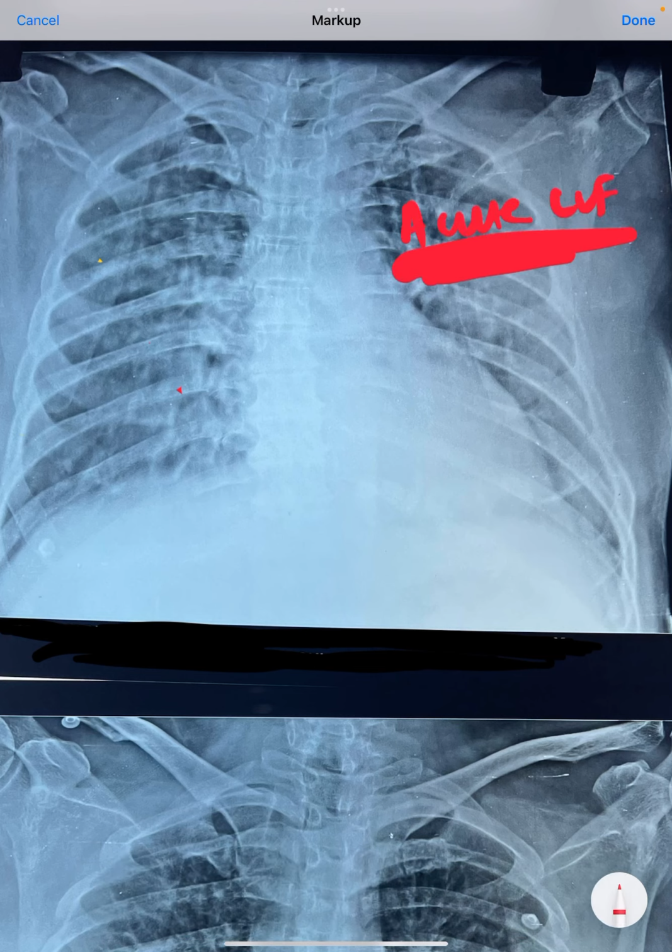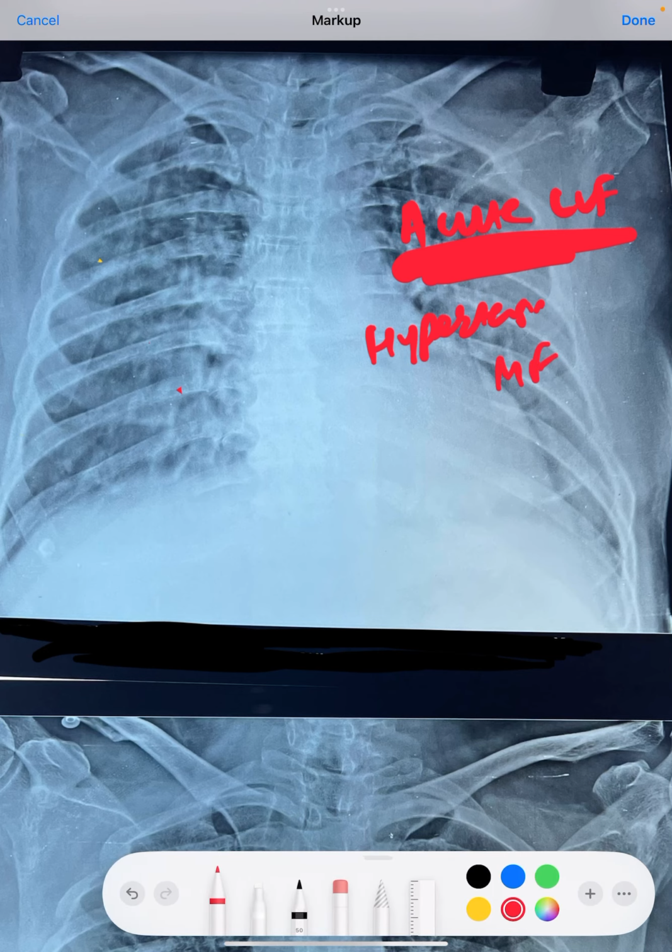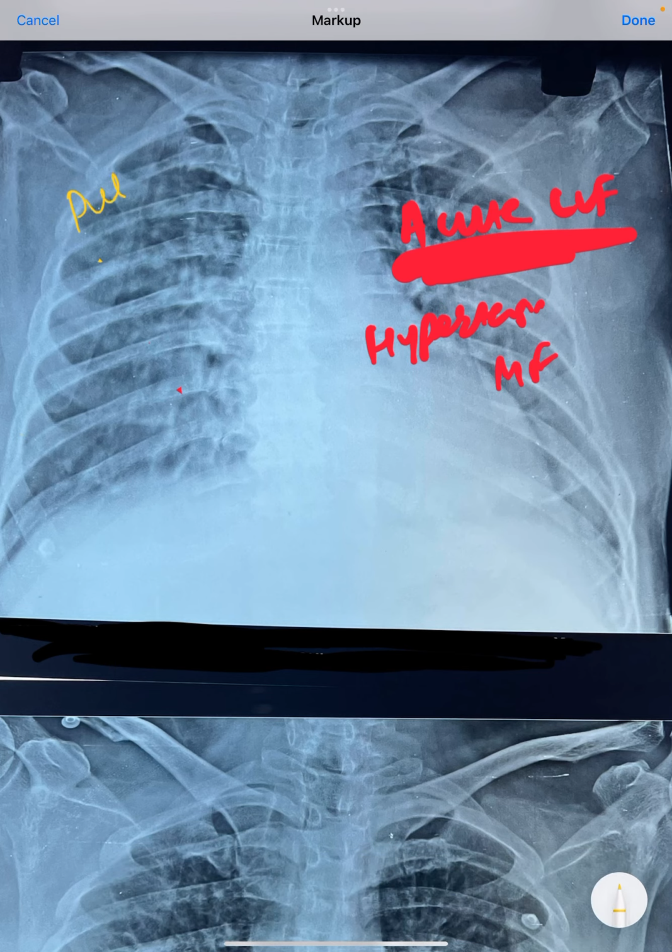The patient has acute LVF, either systolic left ventricular failure, or the patient may also have hypertensive heart failure, where the patient's blood pressure may be very high. The treatment for pulmonary edema is pretty crystal clear.